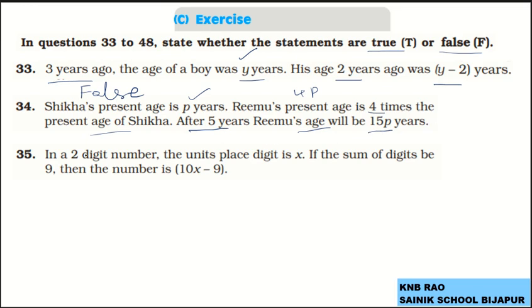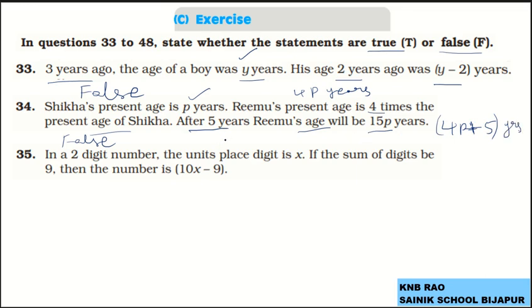This is false, because the present age of Remu is 4p years, which means after 5 years it is supposed to be 4p plus 5, not 15 times p. So, that is the reason why this is false.